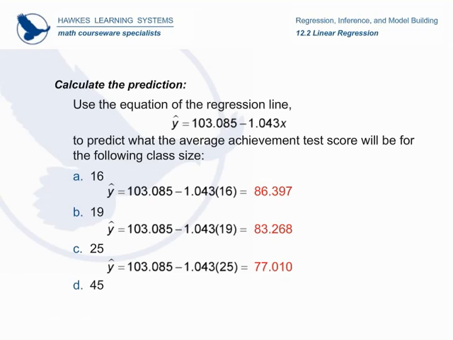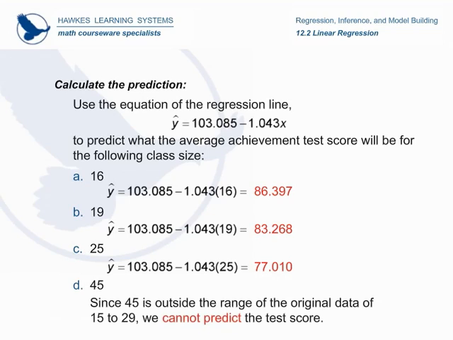And for a class size of 45, which is outside of the range of the original data of 15 to 29, we cannot predict the test score.